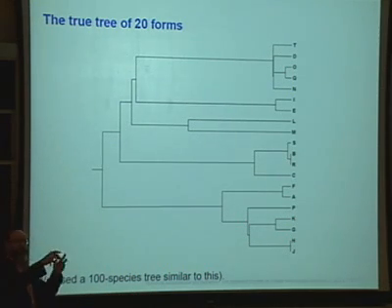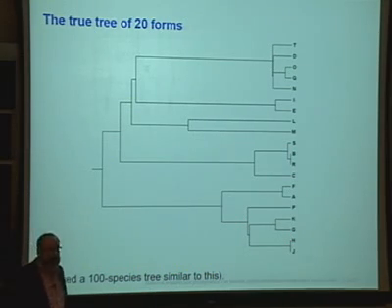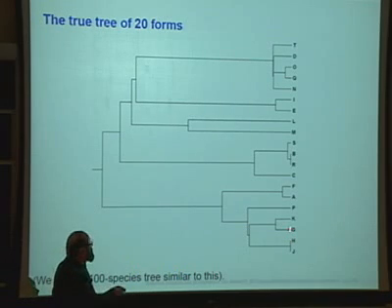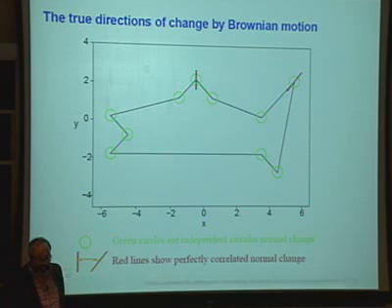So it's just lineages that split at random times until you get 20 of them, and you're about to do the 21st one, and then you stop. I think we actually, in the simulation, did a 100 species tree, something like this. So it's just a random tree with arbitrary species at the tips, and they've changed by a Brownian motion scheme.